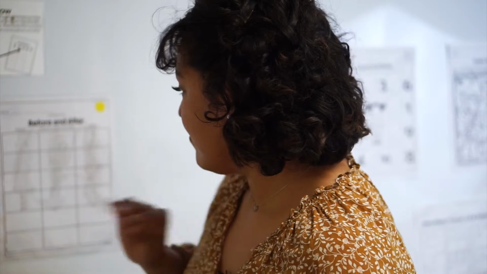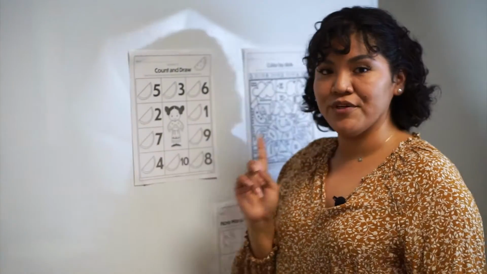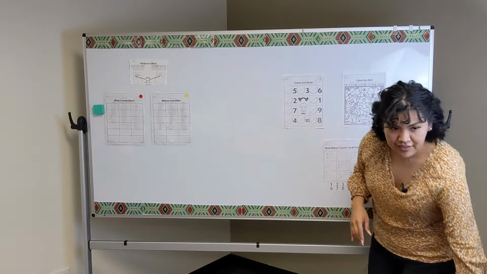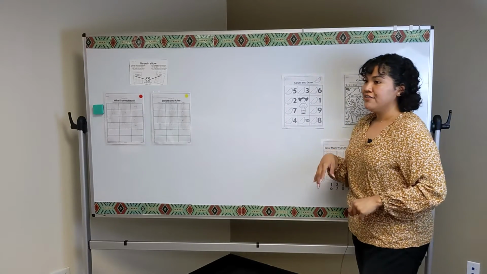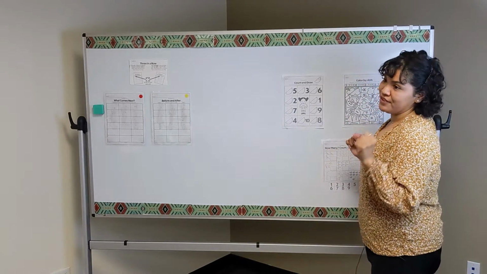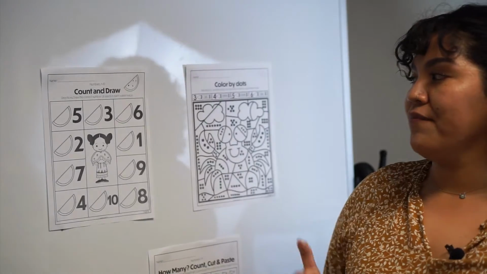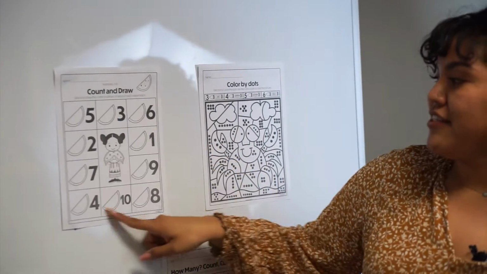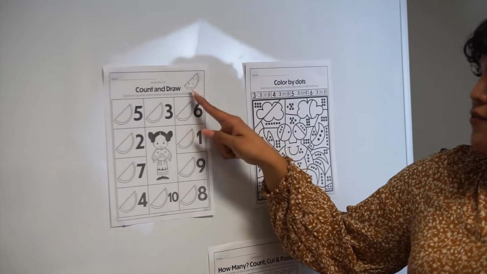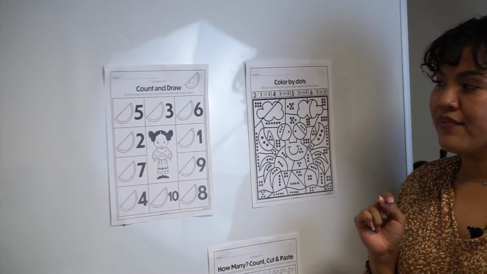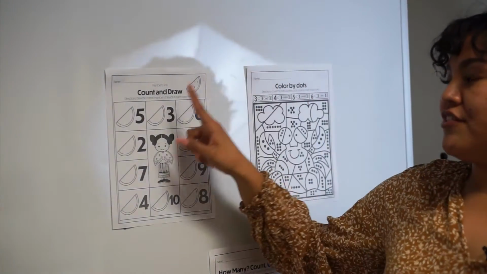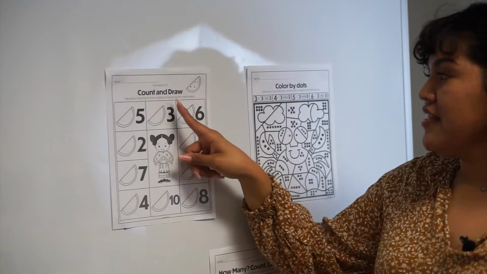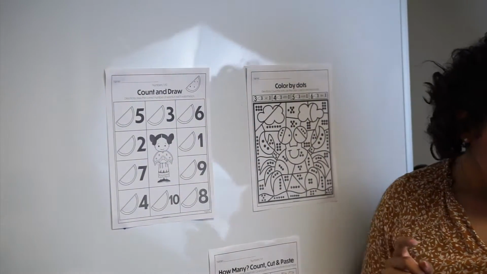Okay, so now that we finished our center, we can move on to our worksheets. So the first worksheet that we will be doing today is count and draw. And it'll look like this with the numbers and the watermelon on top. And the directions say draw the correct number of seeds in each watermelon.